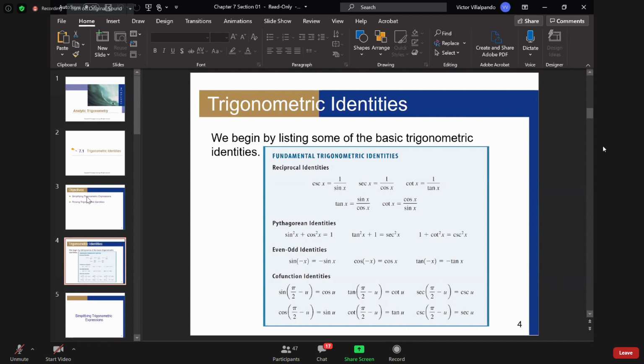All right, so we should be familiar with some of this already. We should already be familiar with reciprocal identities, which we already saw in chapter 5. We've looked at the Pythagorean identities, I think twice now already. I think it popped up in chapter 5, and in chapter 6 as well, I believe. So we've already taken a look at this.